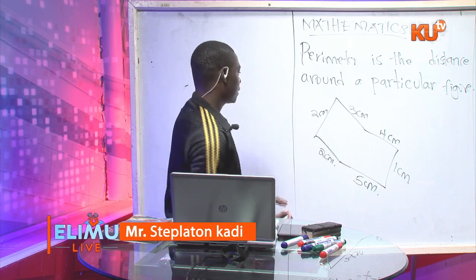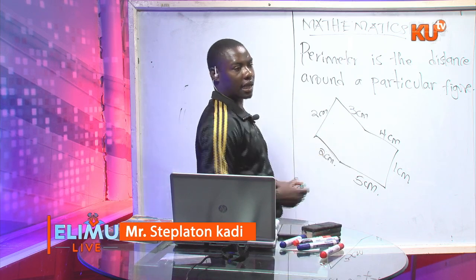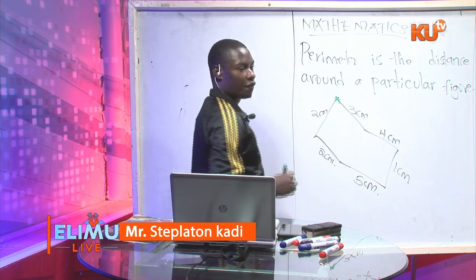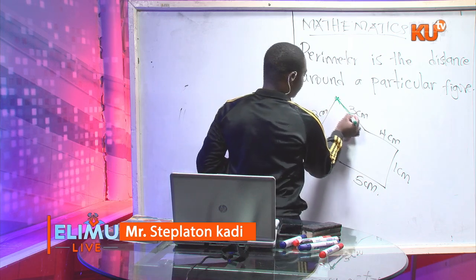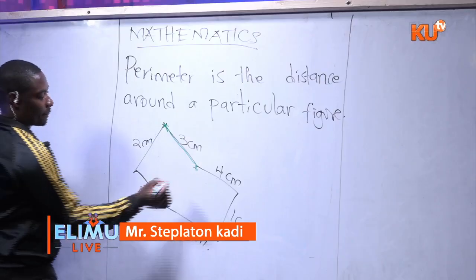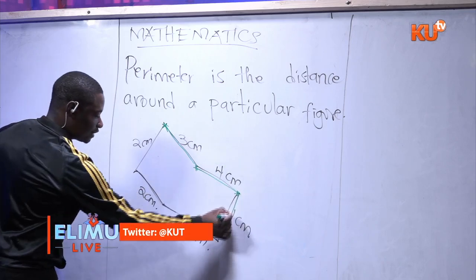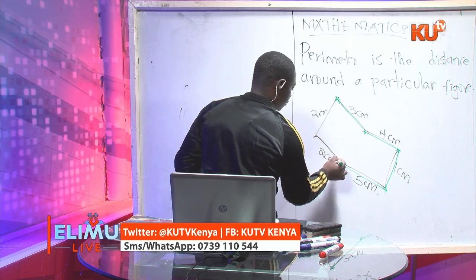So in this case, to get the perimeter, we have said that perimeter is the distance around a particular figure, which means if I start my movement from the start point, I will walk this direction up to there. I move this other direction up to there, and this other direction up to there, and this other direction up to there.